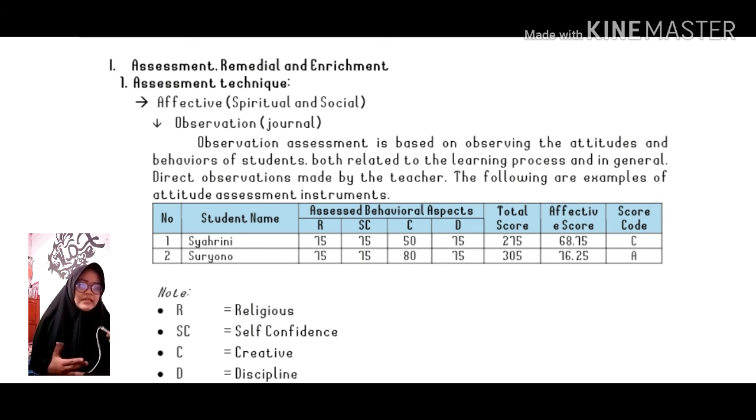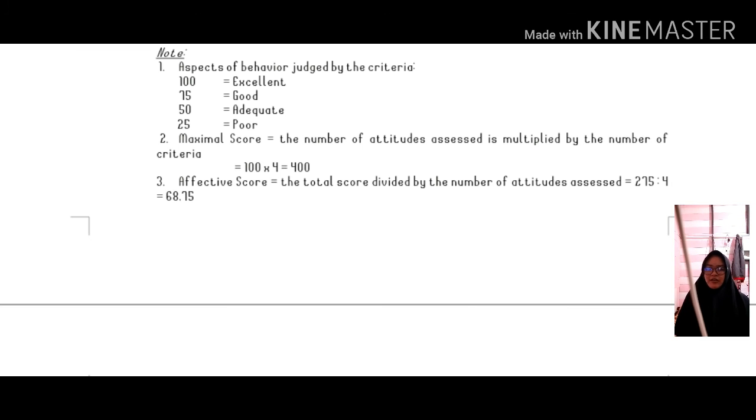Okay, now you can see the example. So, the note here: R is religious, C is self-confidence, C is creative, and D is discipline. Okay, for the notes, you can see here the aspect of behavior is judged by the criteria: 100 is excellent, so, I'm so sorry, I mean 75 is good, 50 is adequate, and 25 is poor.